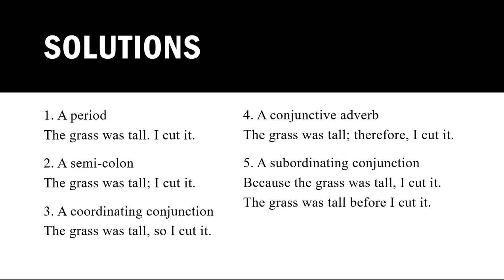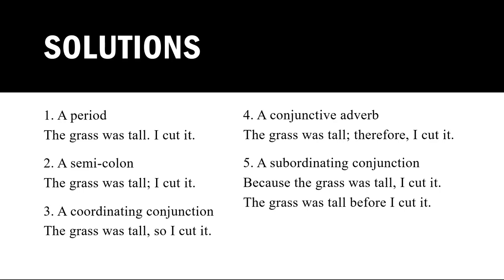And finally, the last solution is putting a subordinating conjunction. This can be done by putting the subordinating conjunction at the beginning of the sentence and then putting a comma in the middle after the first clause, or it could be in the middle. So in this case, I said, because the grass was tall, comma, I cut it.